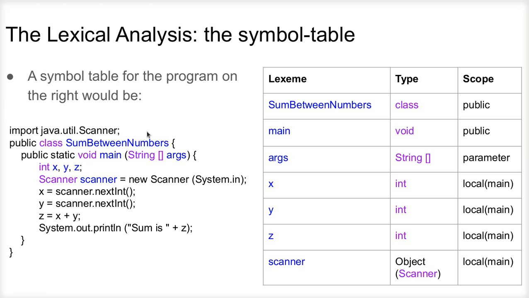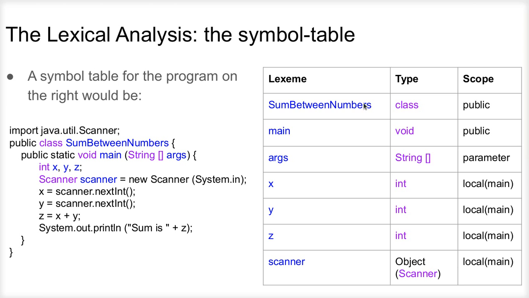We would have here the lexemes of the program: sum between numbers, main, args, x, y, z, and scanner. Their types would be stored: class, void, string, array, int, and object scanner.